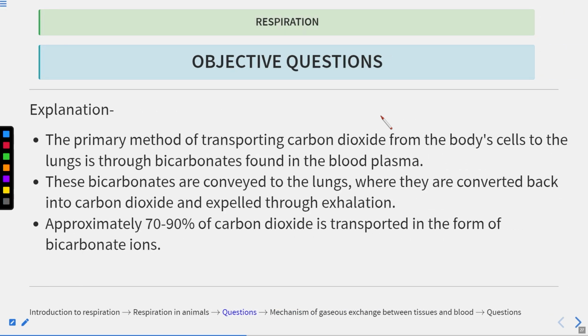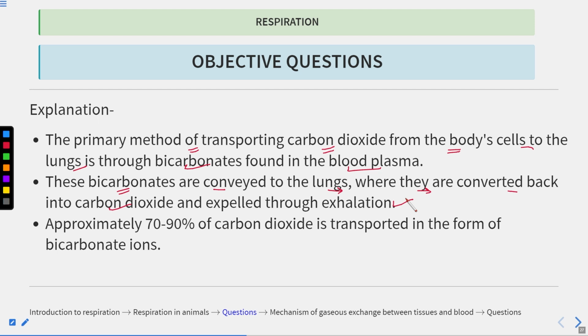The primary method of transporting carbon dioxide from the body cells to the lungs is through bicarbonates found in the blood plasma. These bicarbonates are conveyed to the lungs where they are converted back into carbon dioxide and expelled through exhalation.